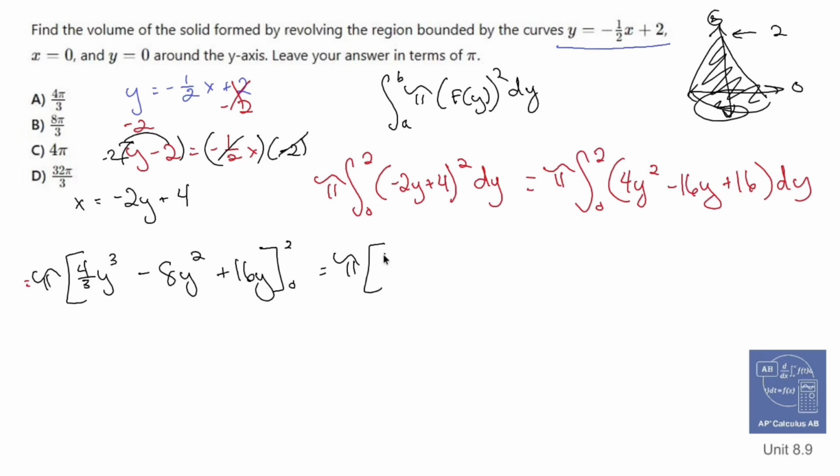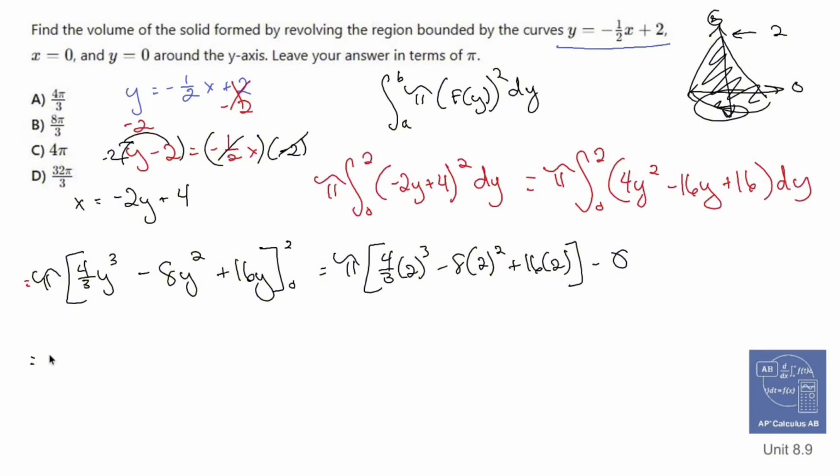Pi times 4/3 2 cubed minus 8 times 2 squared plus 16 times 2. Now let's use some common sense. If I were to plug in 0, I'd get 0, then minus 0, and then plus 0, and times pi is still 0, so nothing changes. I'm just left with this, so it's going to involve me simplifying.